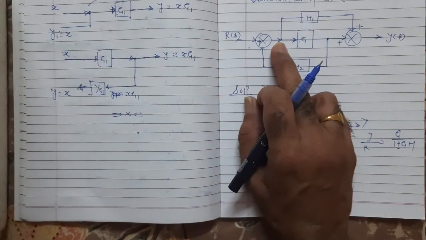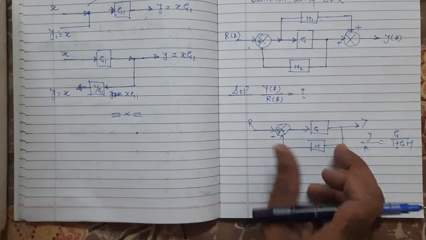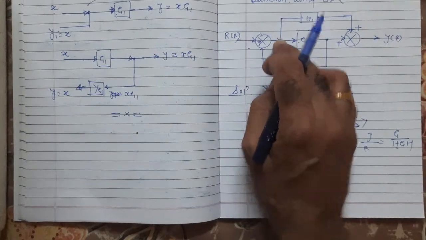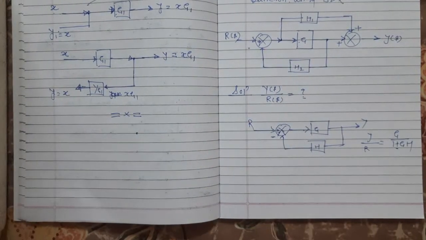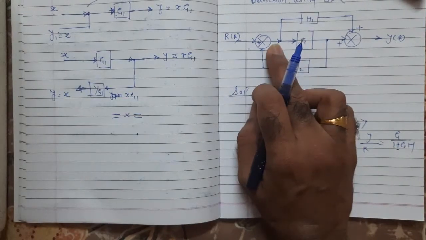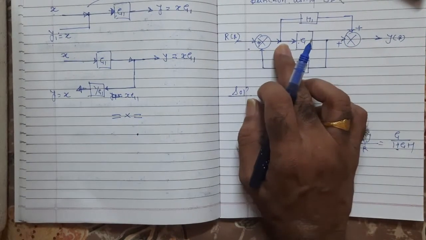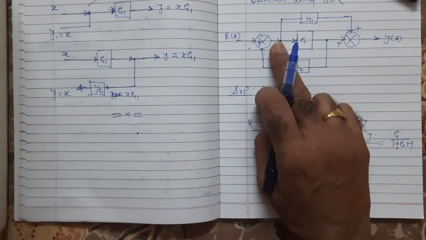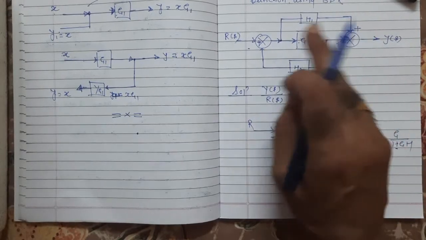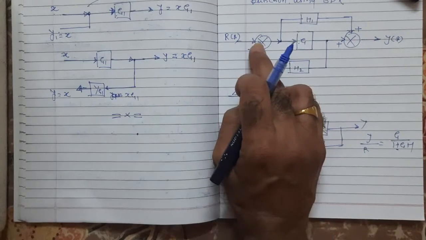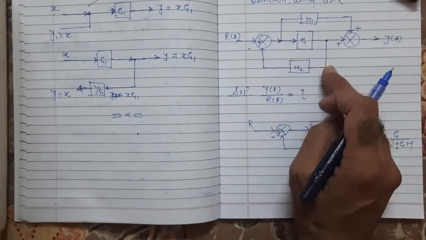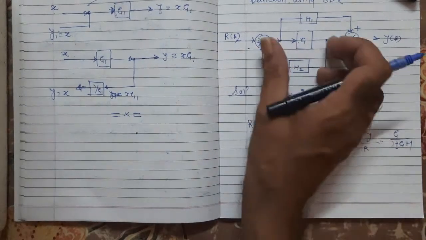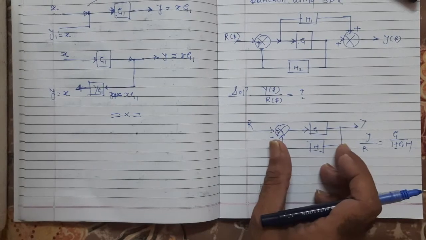Now we can convert this system into that format if we move this takeoff point after a block. That means if we move this takeoff point, then there is a summing point, then there is a gain, and from this takeoff point there is a feedback, and again that feedback is applied to the summing point. That means this system will be in the form of the standard system.